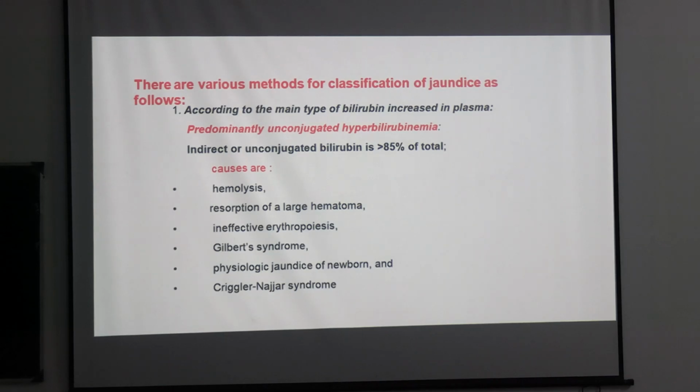Now classification of jaundice. Predominantly unconjugated hyperbilirubinemia causes: hemolysis, resorption of a large hematoma, ineffective erythropoiesis, Gilbert syndrome, physiologic jaundice of newborn, and Crigler-Najjar syndrome.